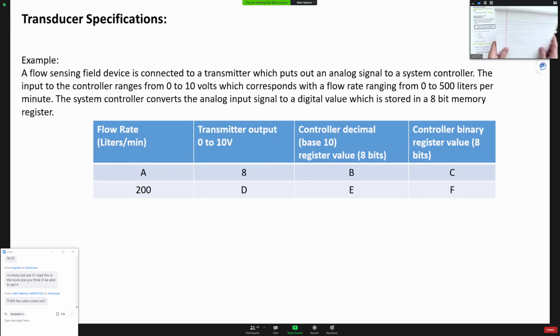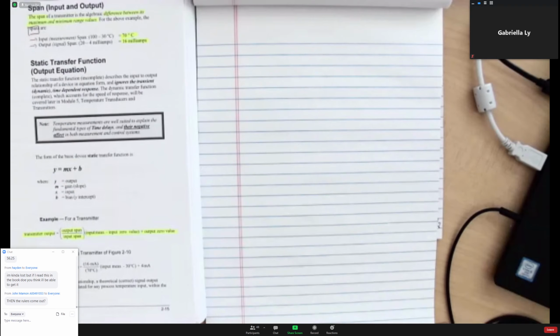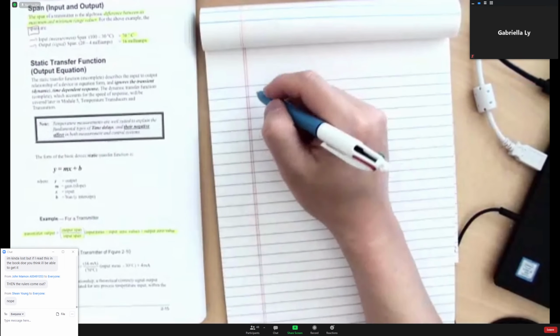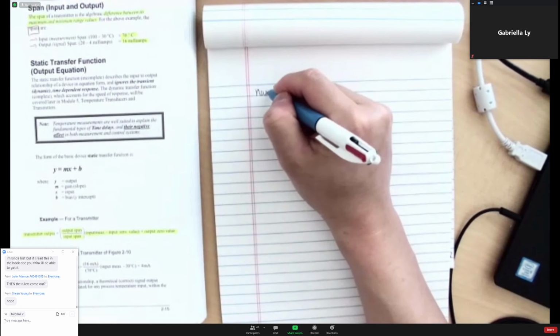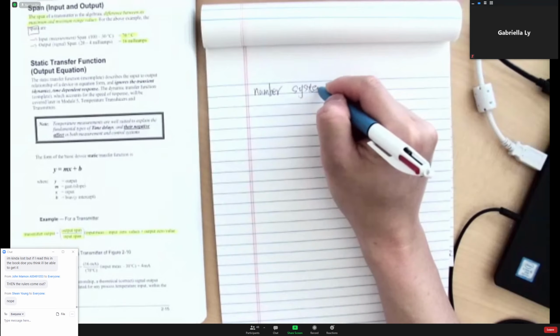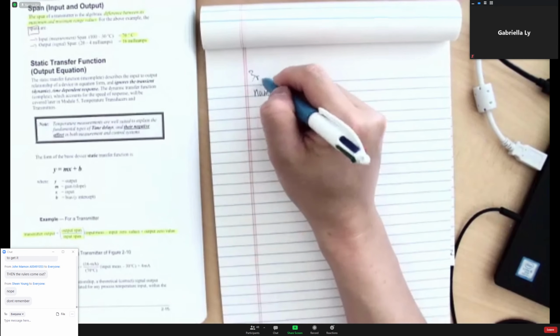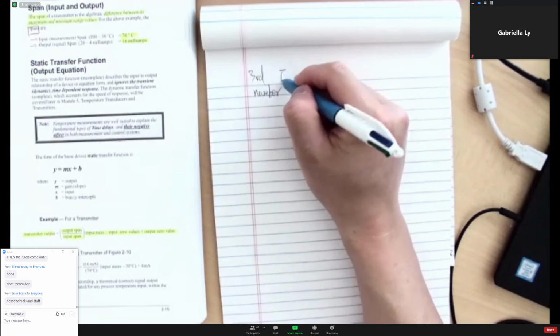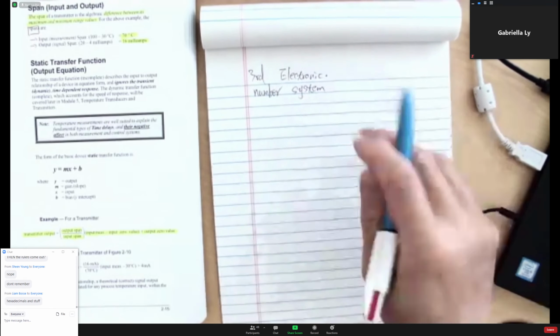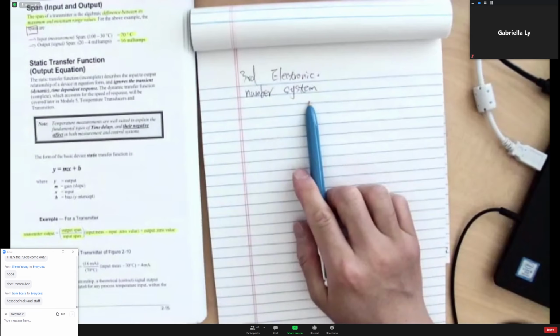So what we're talking about here, the 8-bit memory register, do you guys remember in third year, you learned a numbering system in electronics. One topic is the numbering system.